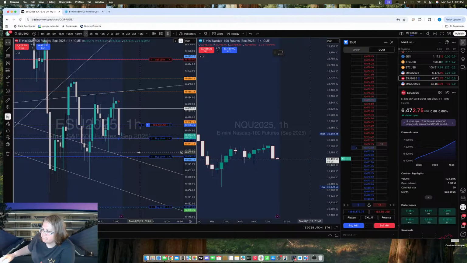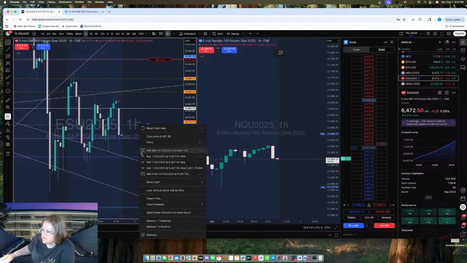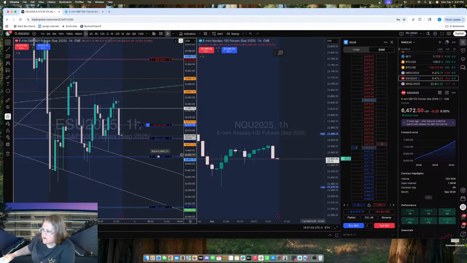Probably gonna add another one somewhere around in there, just for some of these liquidity levels here. But the indicator level is 64, 65 and three quarters.